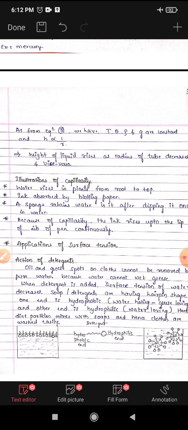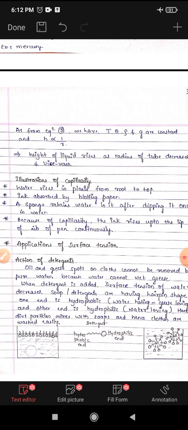Hydrophilic means water loving, which goes and sticks with the water molecules. That is the hydrophilic end. And the hydrophobic end doesn't like the water molecules. So this hydrophobic end will go and stick on the dirt particles or the grease materials.